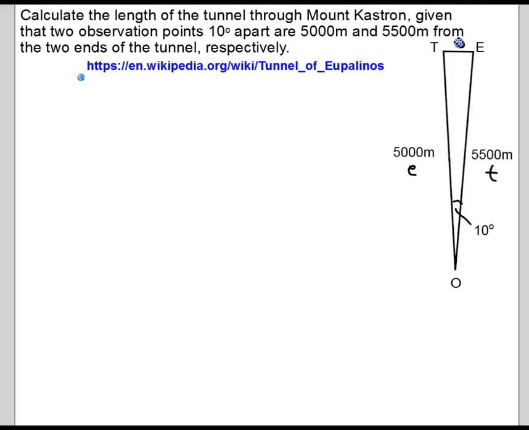If we were to rewrite the cosine law formula, it would look a little different than ABC, but we could say that O squared is equal to E squared plus T squared, subtract 2 E times T, cos of angle O.